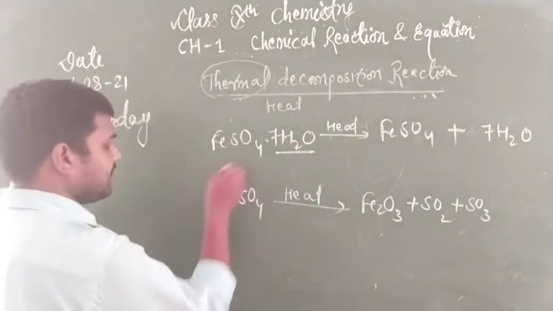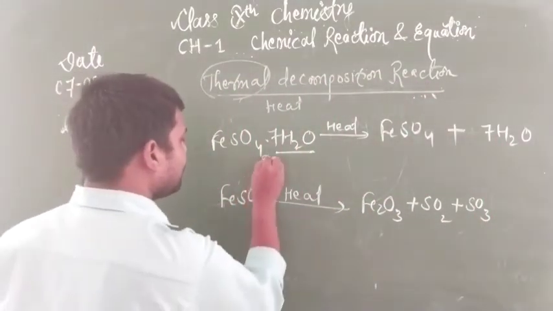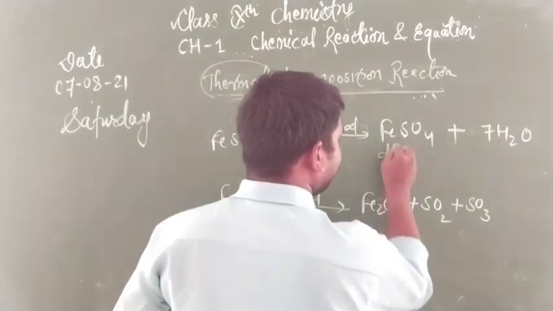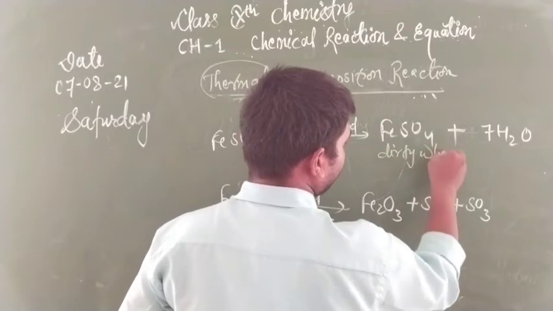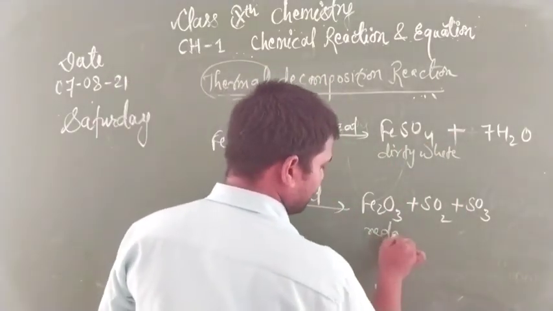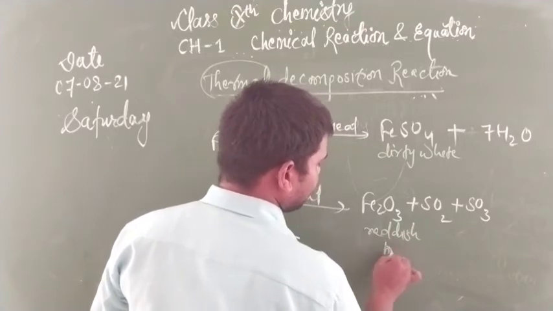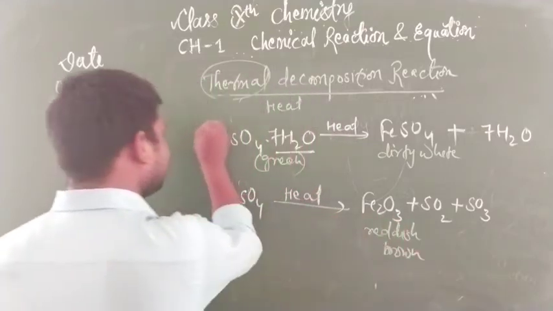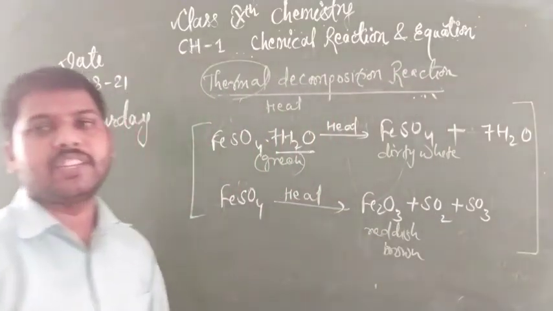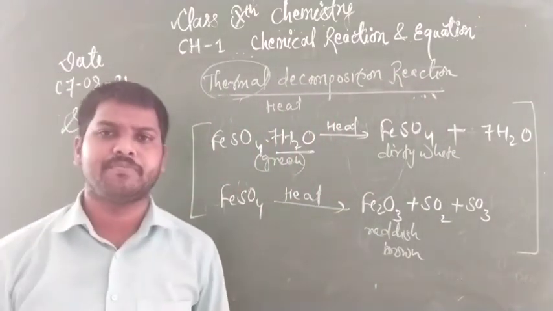The color is green, dirty white, and finally it becomes reddish brown. This is the complete equation when ferrous sulfate crystals are heated.